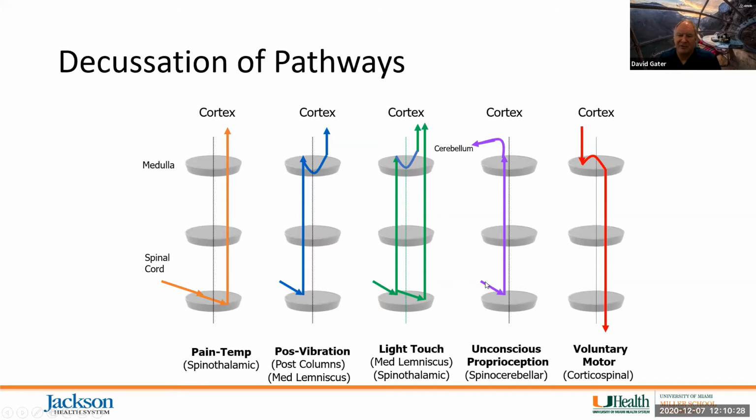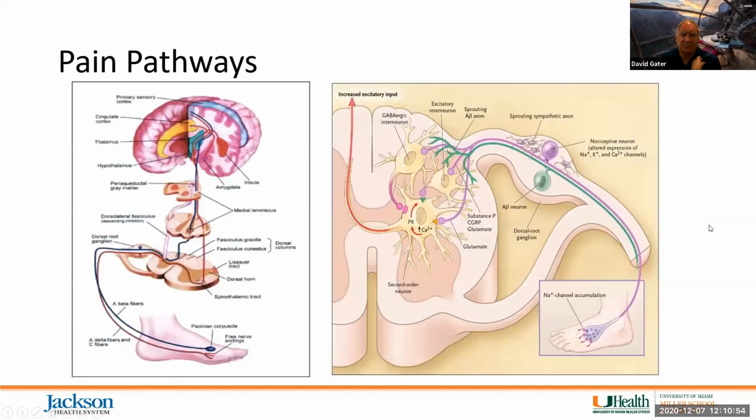And then you have unconscious proprioception, which is conveyed along spinocerebellar pathways, and it goes up ipsilaterally. And then ultimately we have our motor pathways and recognize that those originate on one side of the body in the cortex, cross over at about the level of the medulla, and then pass down on the contralateral side.